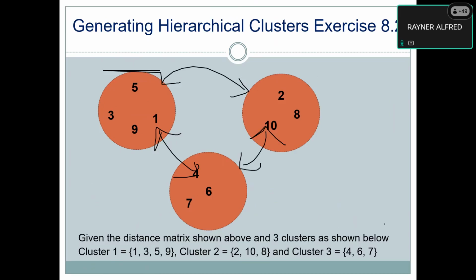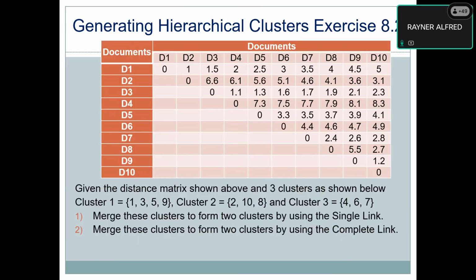So for us to find out which one to merge, whether cluster 1 and cluster 2, or cluster 1 and cluster 3, or cluster 2 and 3, we need to know the reason for this. So we go back to the information provided to us here.